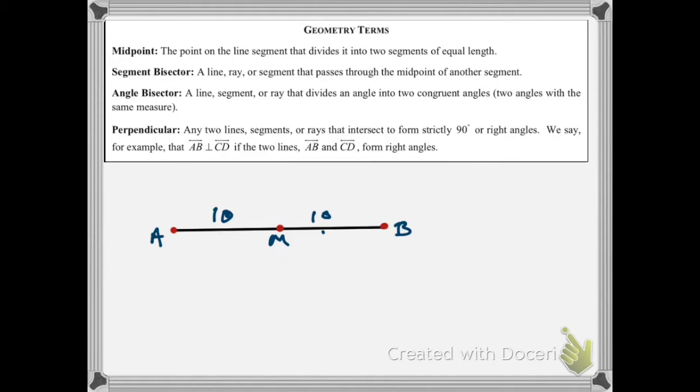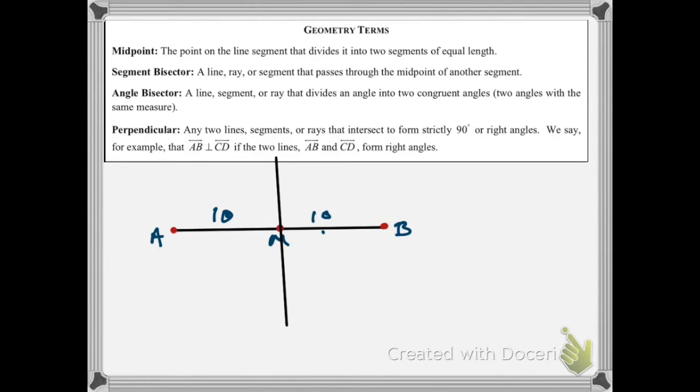Now notice that the second term is segment bisector. So this is going to be a line, ray, or segment that passes through the midpoint of another segment, okay? So I'm going to cut segment AB in half, and that is going to be done like so.